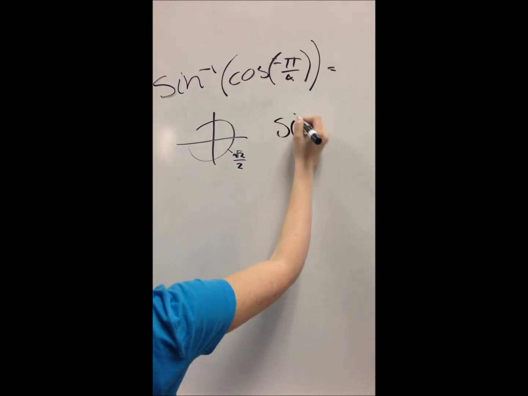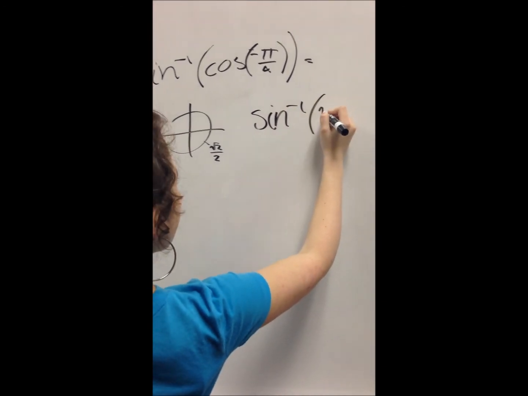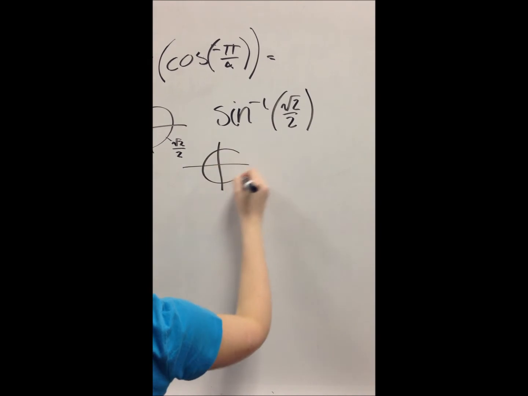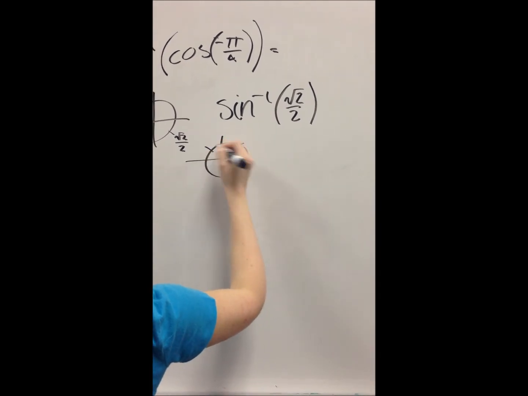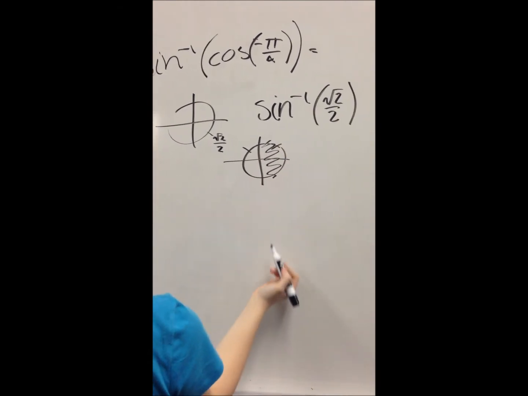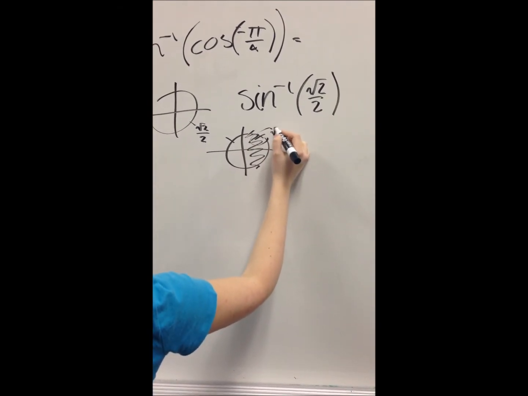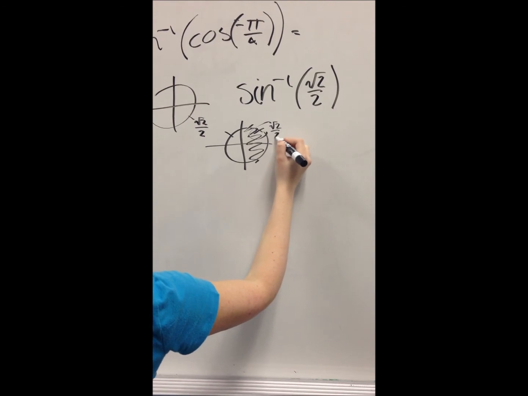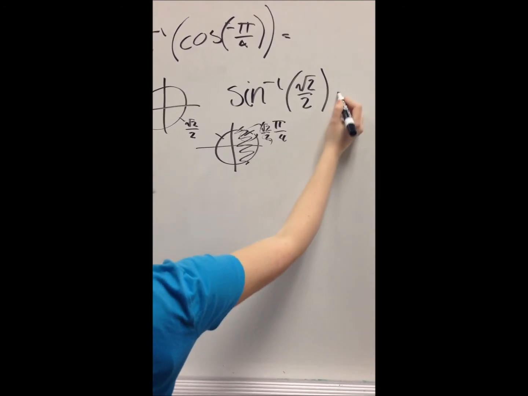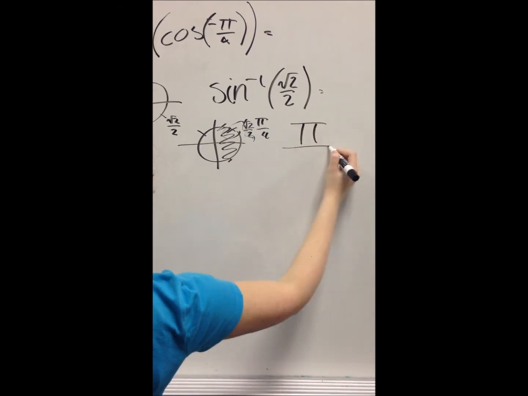So the sine inverse of square root of 2 over 2, drawing a circle, is either here or here, but you have to stay in the principal interval, which is quadrants 1 and 4. So it's going to be this answer, which is pi over 4.